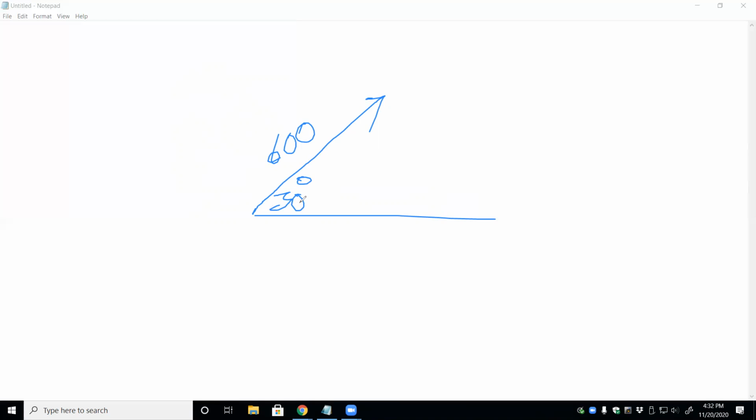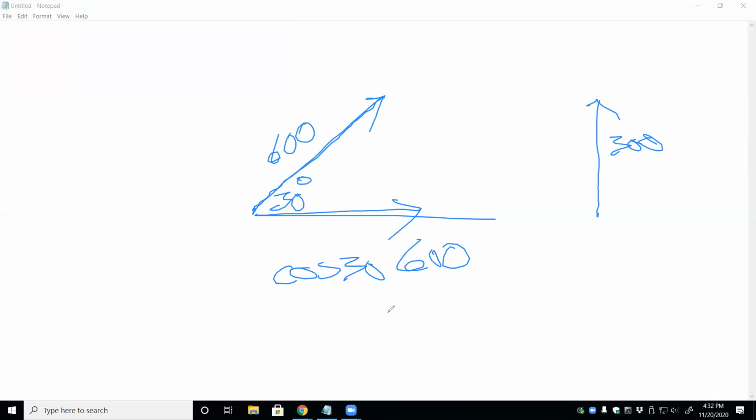Its vertical speed is going to be 300 miles per hour up because the sine of 30 is 1/2. So this is the same force as if I combined a 300 mile per hour force going in that way, and I would take the cosine of 30 degrees to get the direction in that way, times 600, which is square root of 3 over 2 times 600.